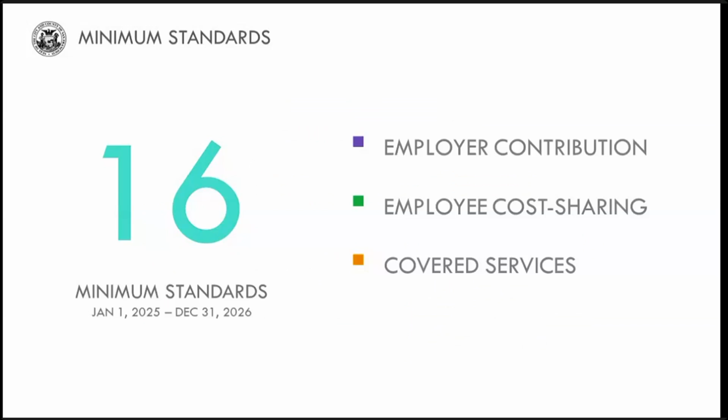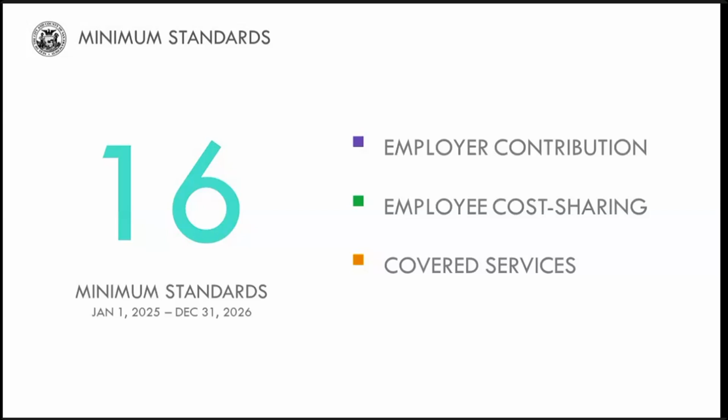Next slide, please. Let's move on to the minimum standards. Plans only need to cover individual medical coverage for the employee only, and the standards do not apply to vision or dental services. There are 16 standards, and overall, the standards break into 3 types: premium contributions, which must be fully paid by the employer; cost sharing, which includes out-of-pocket expenses, deductibles, copays, and coinsurance; and required covered services, which align with the essential health benefit categories.